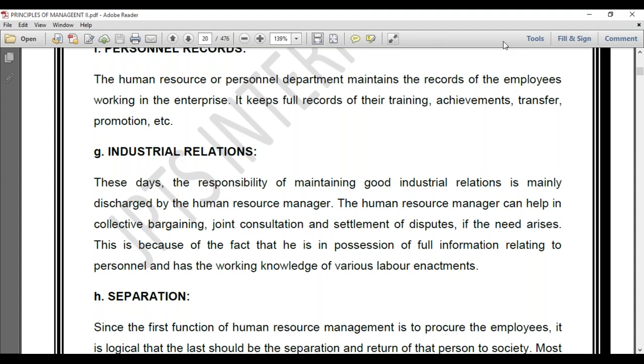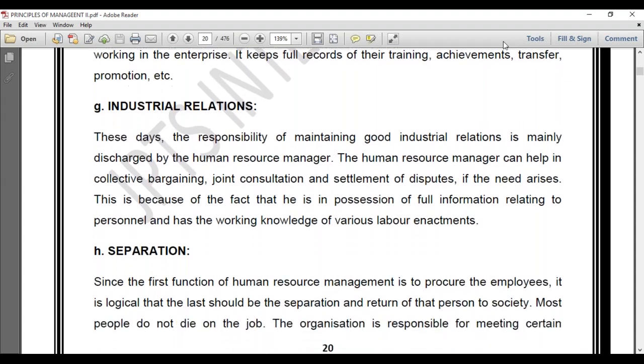They work like a team, esprit de corps, as we mentioned when we did the 14 principles of management. The spirit of oneness should exist among all the employees. So the human resource manager makes sure that all these things are well taken care of, even collective bargaining, joint consultation, and settlement of disputes, if need arises. A personnel or human resource person takes care of all these industrial relations.